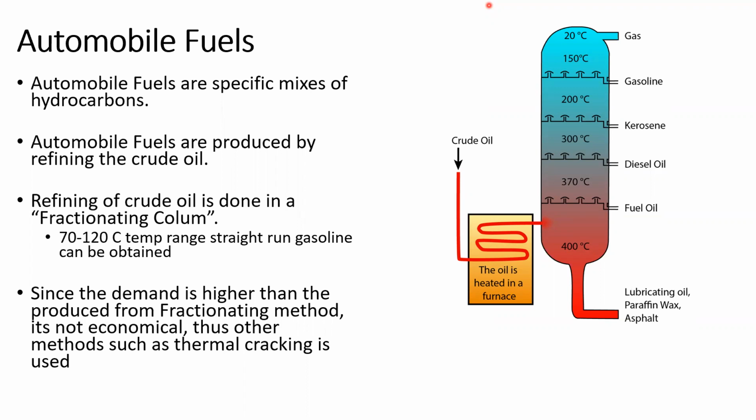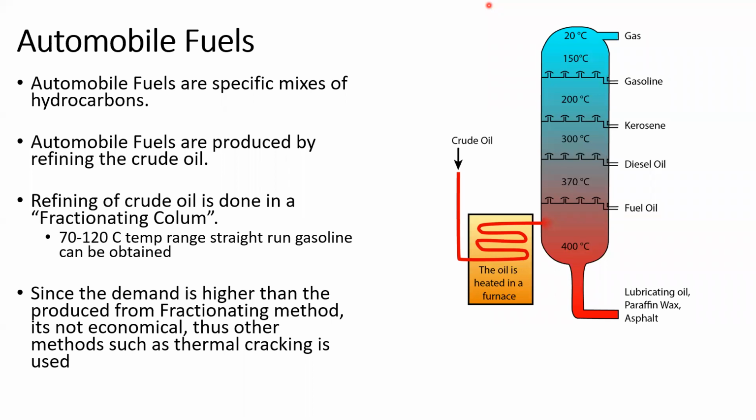Since these fuels have different chemical structures, in order to take them out from the crude oil, different methods have to be used. The most common, simplest method is the fractionating column, the one shown in your image.